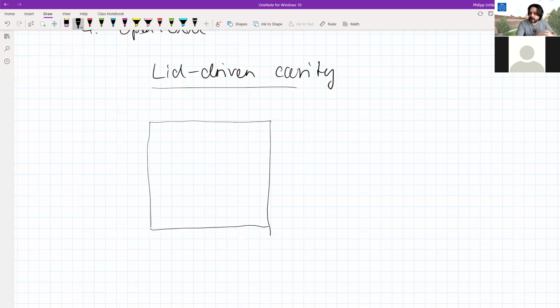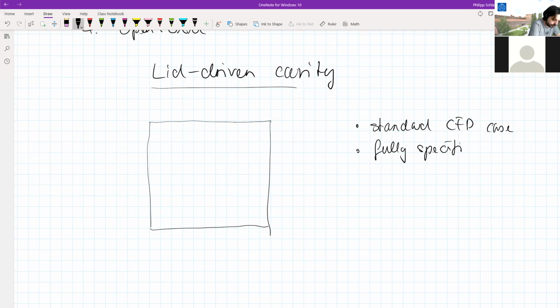There is no inflow boundary condition, there's no outflow boundary condition. Everything just happens inside a box, essentially. So it's a standard CFD case. Everything is fully specified. No open boundaries.